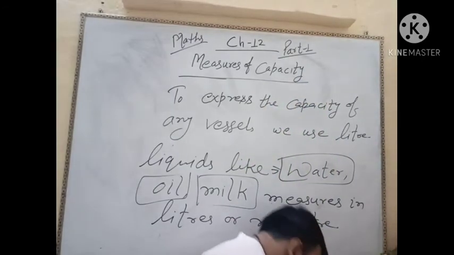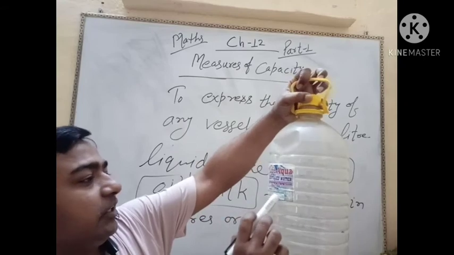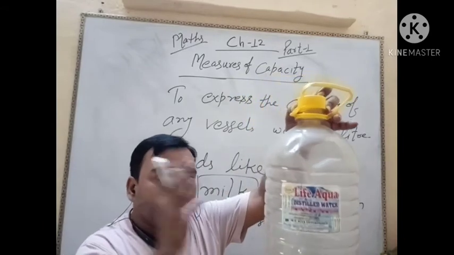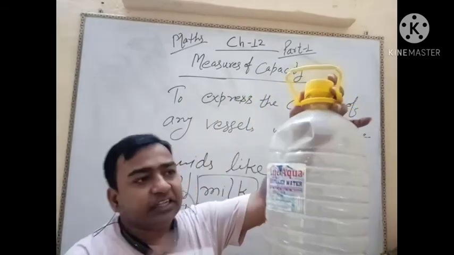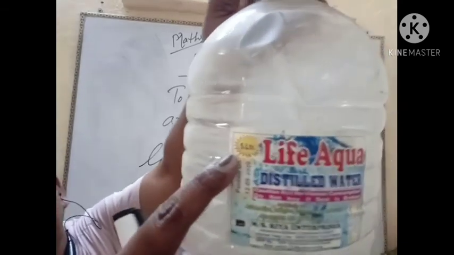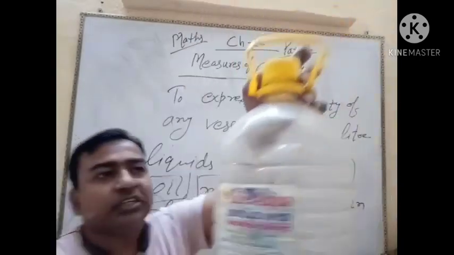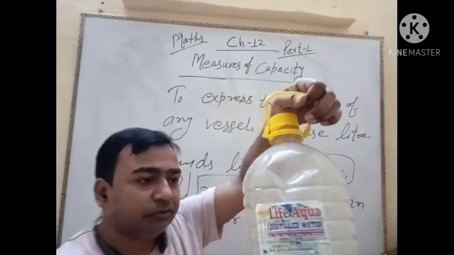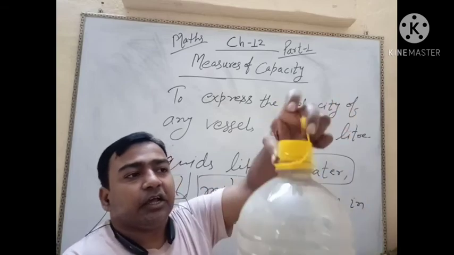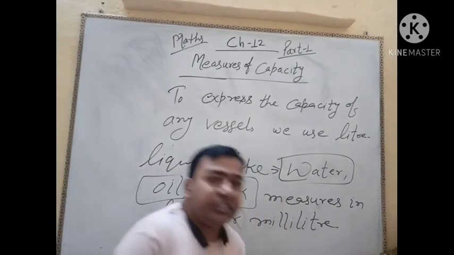And this is one more container, we can store any liquid in it, and the capacity of this container is 5 liters. So these are some examples of vessels.